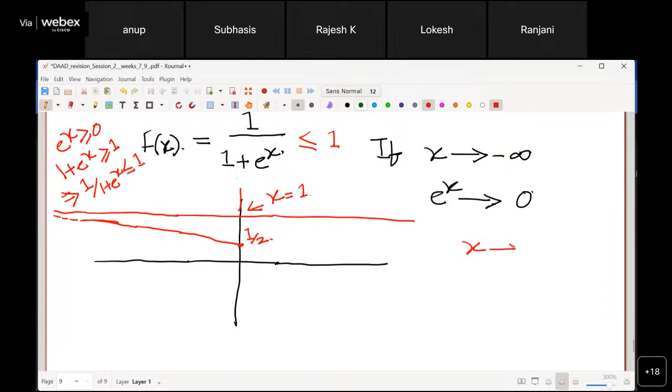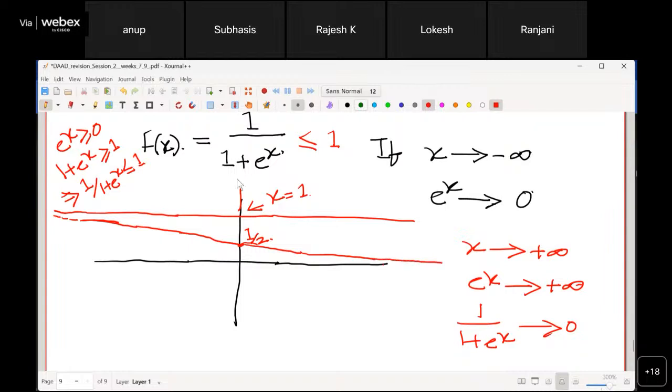If x is going towards plus infinity, then e power x will go towards plus infinity, then 1 by 1 plus e power x will go towards 0, closer and closer to 0. So on your left hand side, this line x equal to 1 is the asymptote, and on your right hand side, the x axis is your asymptote.